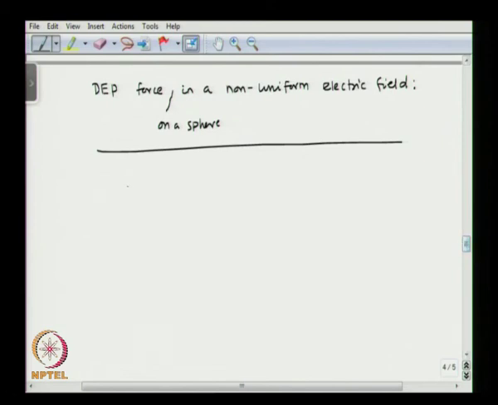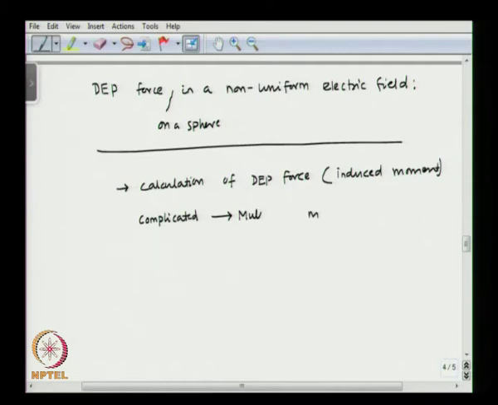In this case the calculation of the DEP force or the induced moment is complicated, because we have higher moments present in addition to the dipole moment.